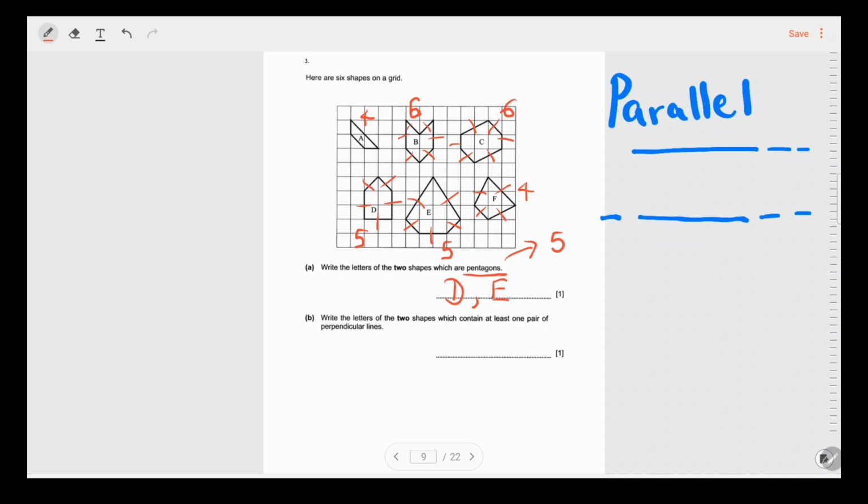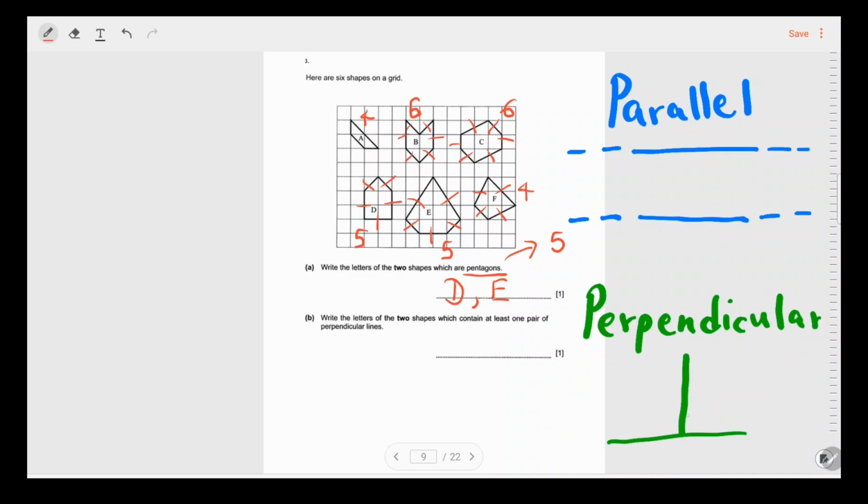They will never ever meet. So these two are parallel lines. And then we have perpendicular lines, which are lines that meet at a 90-degree angle. So anything that looks like this or like this, these are two perpendicular lines.